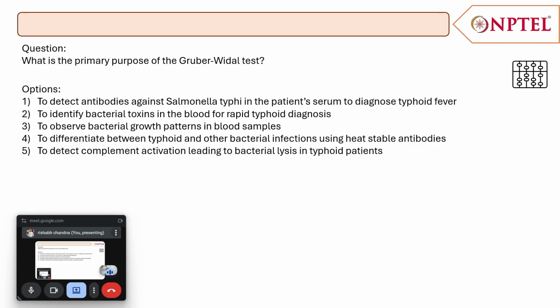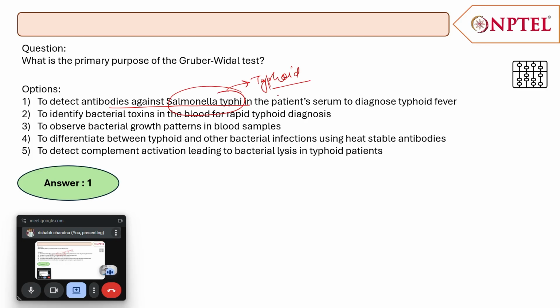Okay, so the correct answer is option A. That means to detect antibodies against Salmonella typhi, the major causative organism of typhoid, in the patient serum to diagnose typhoid fever.